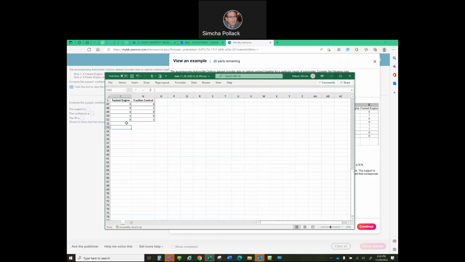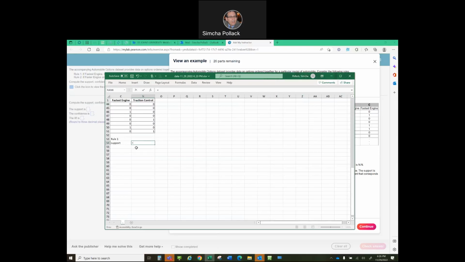It's rule 1, and we want the support. Support is how many people are found in both categories, and how many rows do we have? We have 50 rows from 2 to 51. So it will be how many ones in both categories divided by 50.